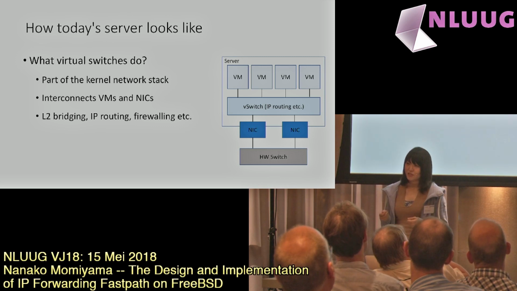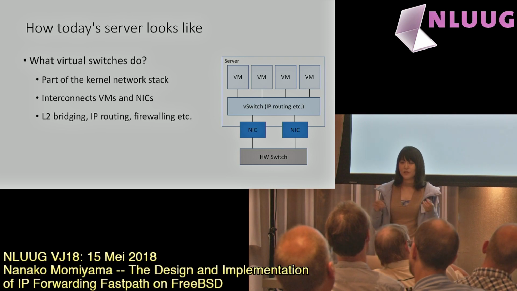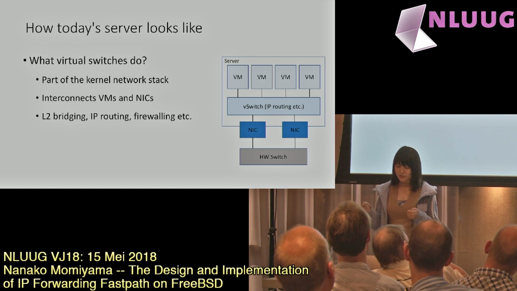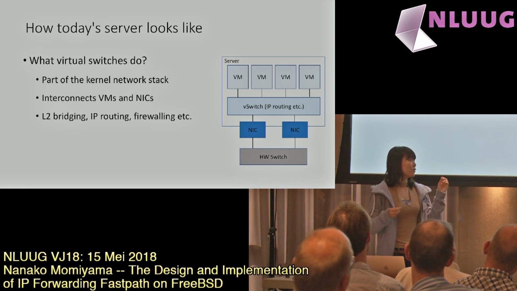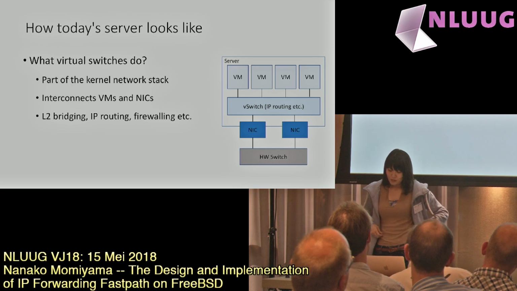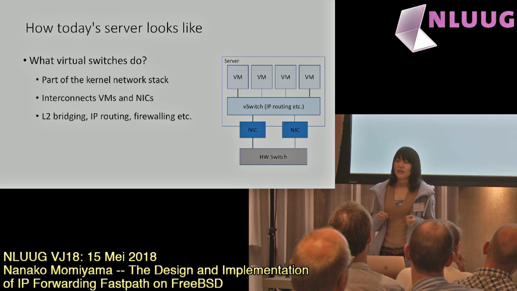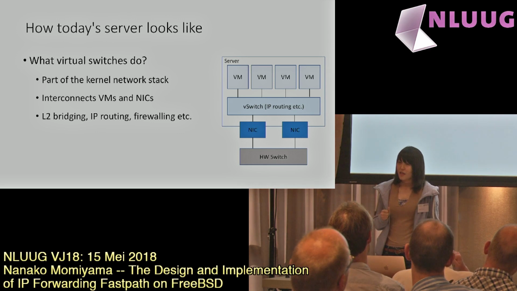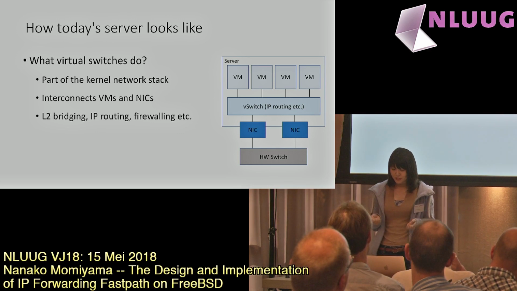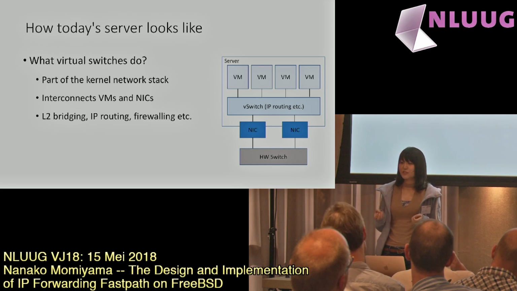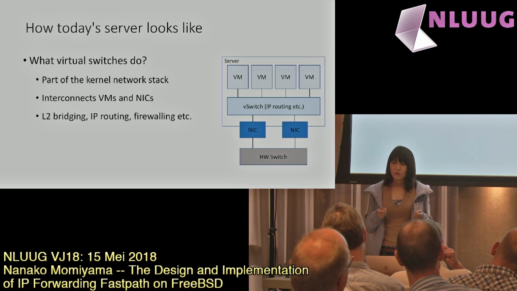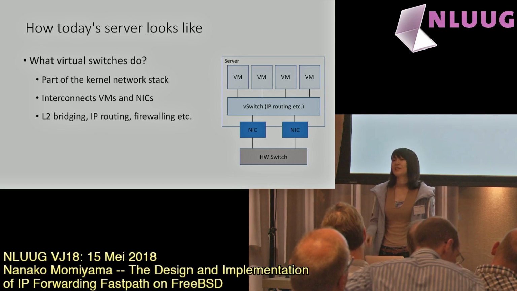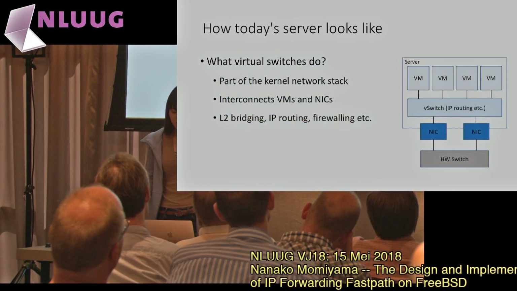These interconnect our VMs or containers and network interface cards. Packets can be forwarded from NIC to NIC, from NIC to VMs, and also from VM to VM. They can have L2 bridge functions, and also sometimes L3 IP routing functions for managing VMs in different subnets, or sometimes more rich functionality, such as firewalls, for example.